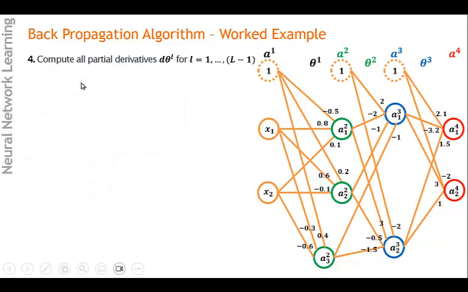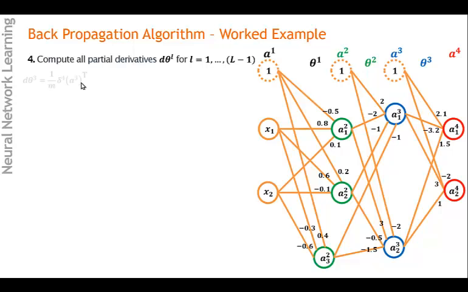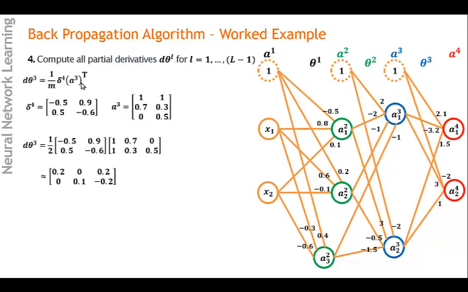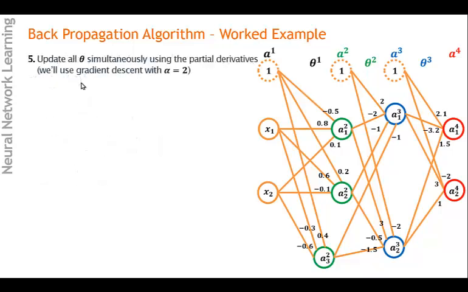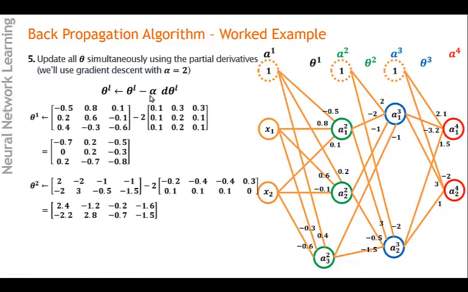All right, it's a complicated formula, but you should be able to implement it step by step. And now that you've computed all the d thetas, you can now update all. You do them all at the same time.